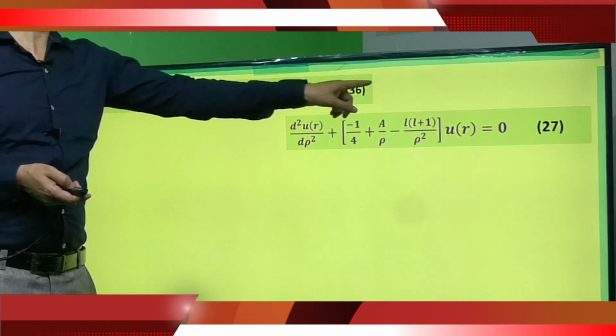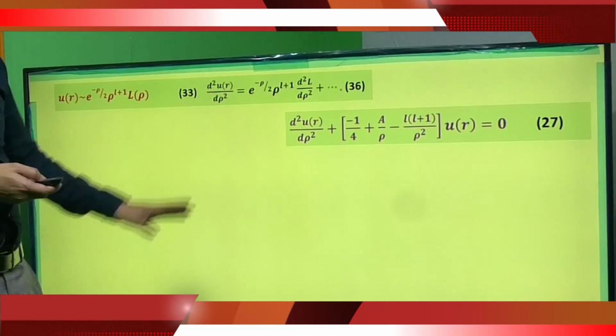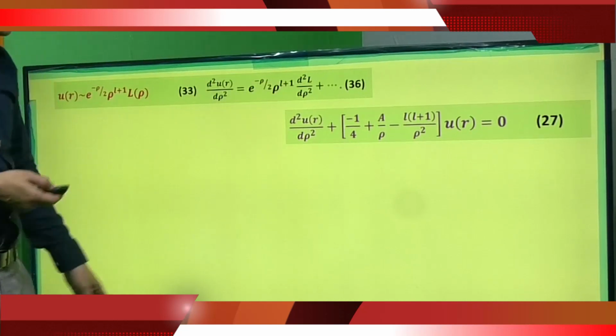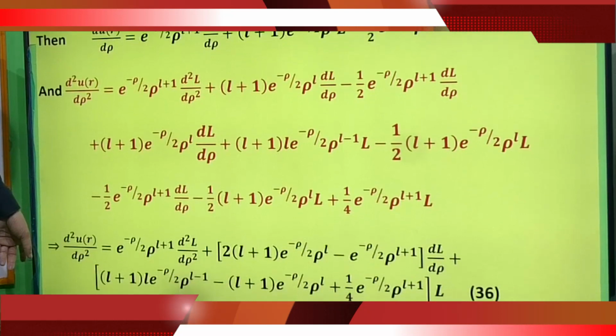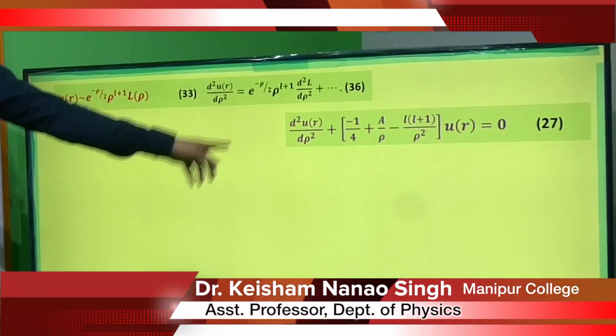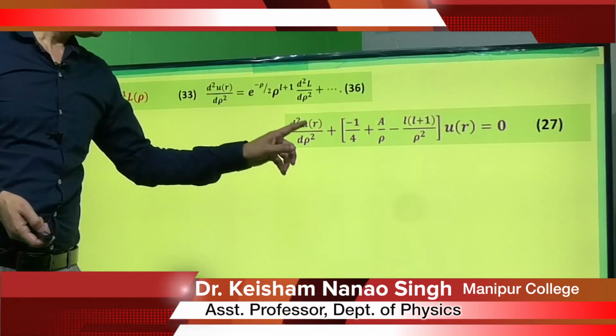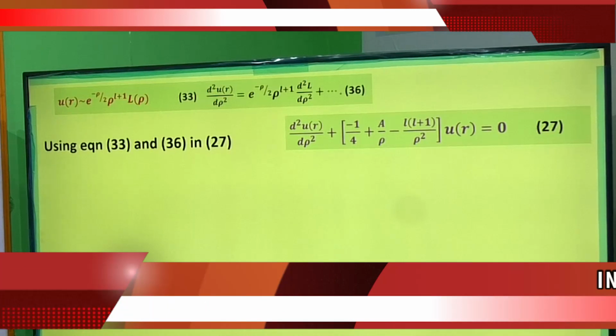I have not written the whole thing, only this to recall the idea, since I don't have the space. The previous slide is this one, this value, and this is equation number 27. We are just going to use it.